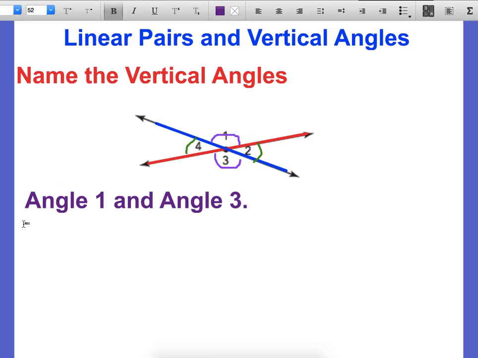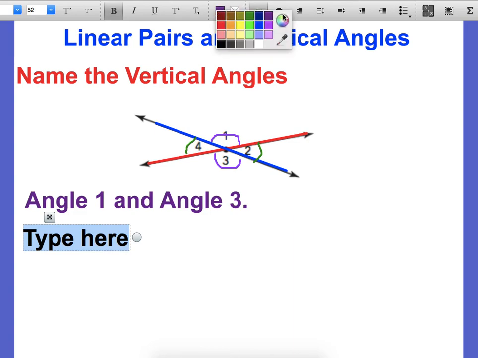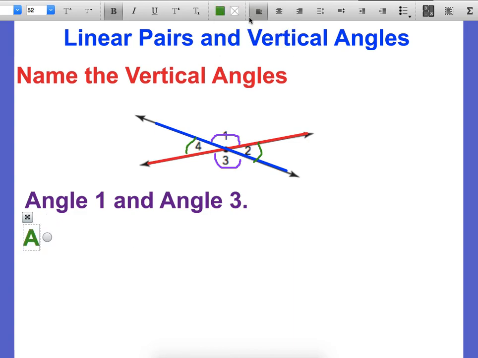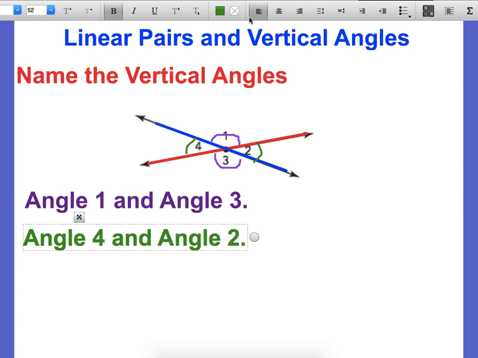Remember, you could use the symbol for that, but I'm typing, so I'm going to type the whole word. Angle 4 and angle 2. And then let's check to make sure that we don't have any others. These have to be diagonal from each other or straight across from each other. I don't see any others that could possibly work here. So we're done. There's only 2 pairs of vertical angles here.